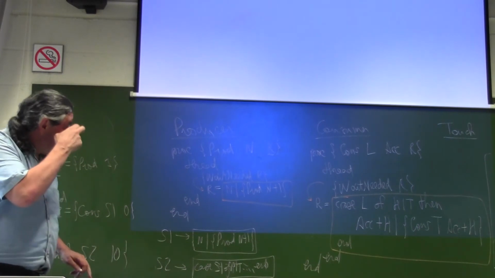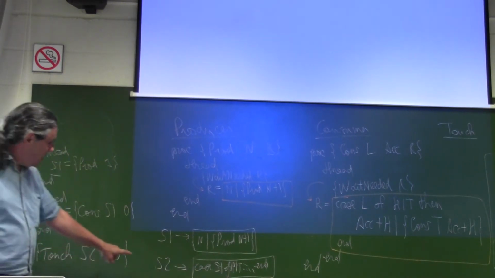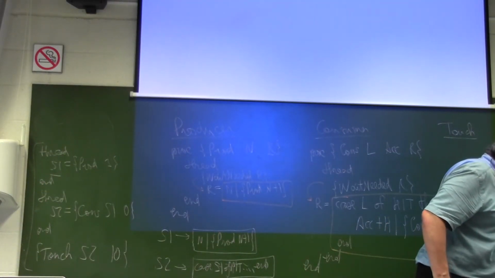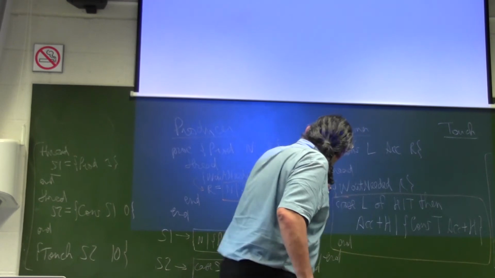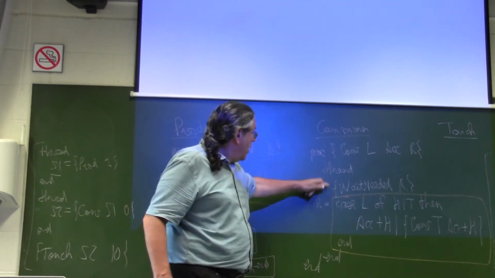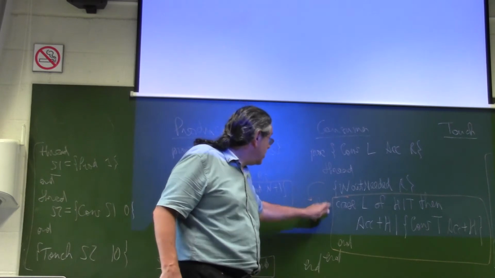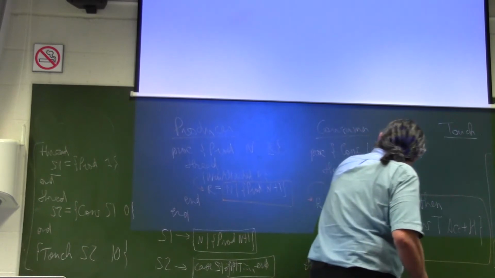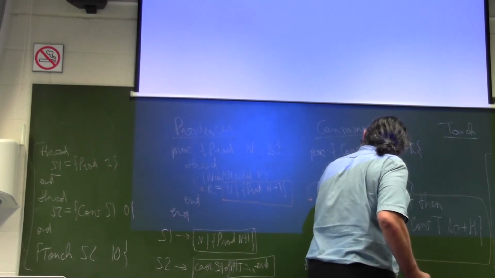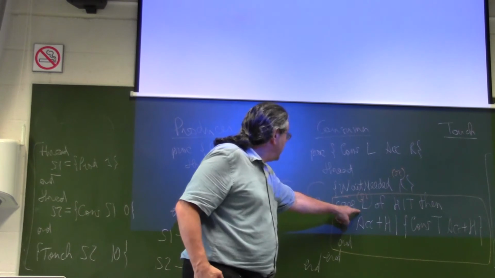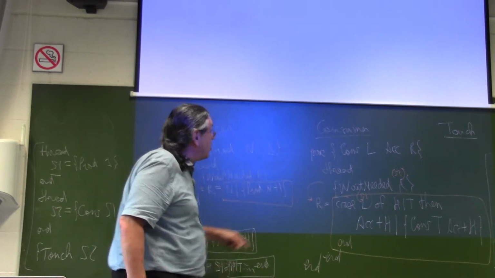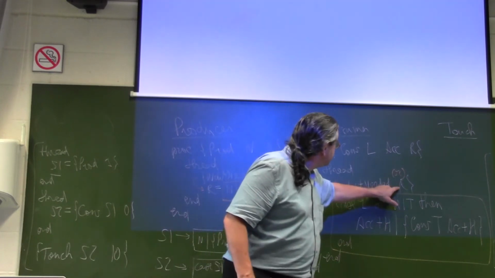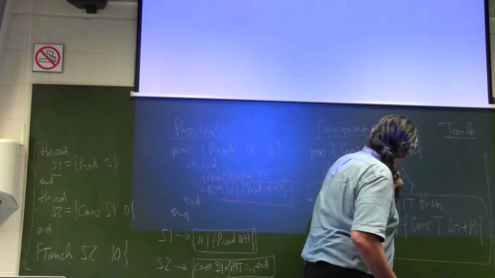So what happens? When I do the touch here, it does S2.2, it causes this wait needed to wake up, this to execute. Okay? And this L is actually S1. So let me say this is actually S2, and this is S1. So you see, when I do the touch, it causes the consumer wait needed to wake up, because this R is actually S2.